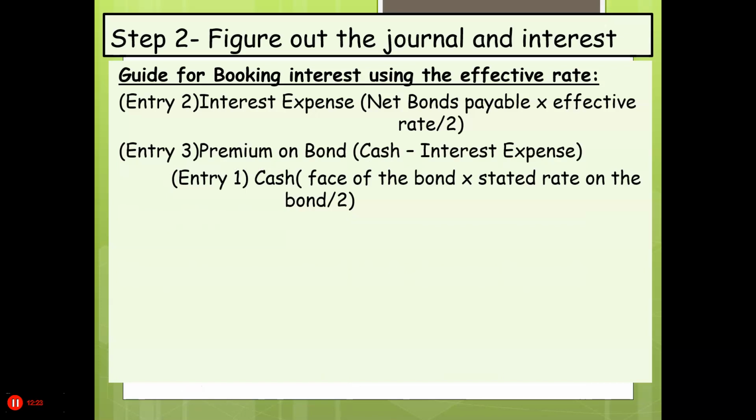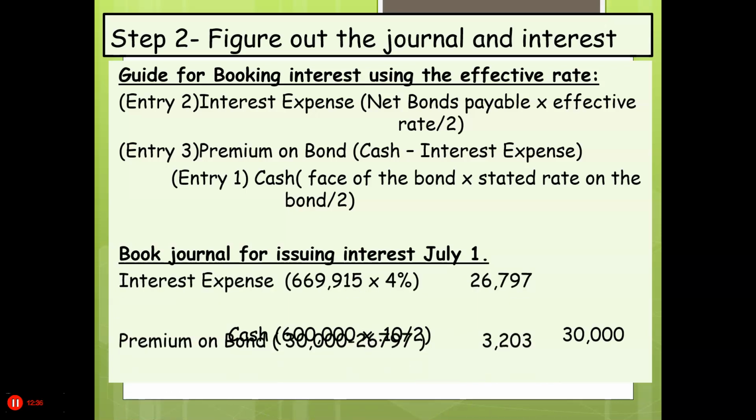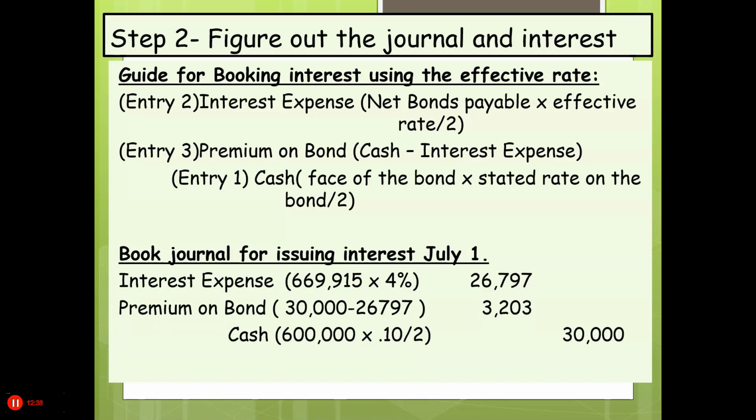In this case, we have premium, so what we're going to do is debit it. So here's our actual journal entry. There's our cash, there's our interest expense, and there's our premium on bond.